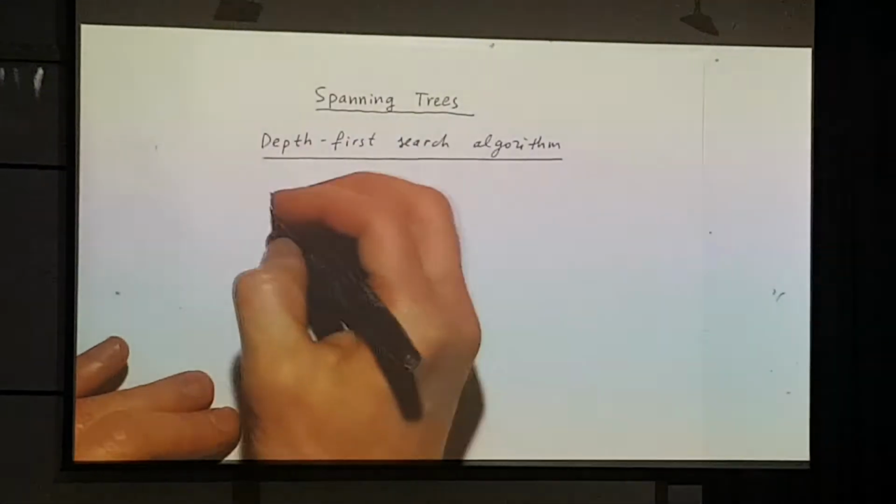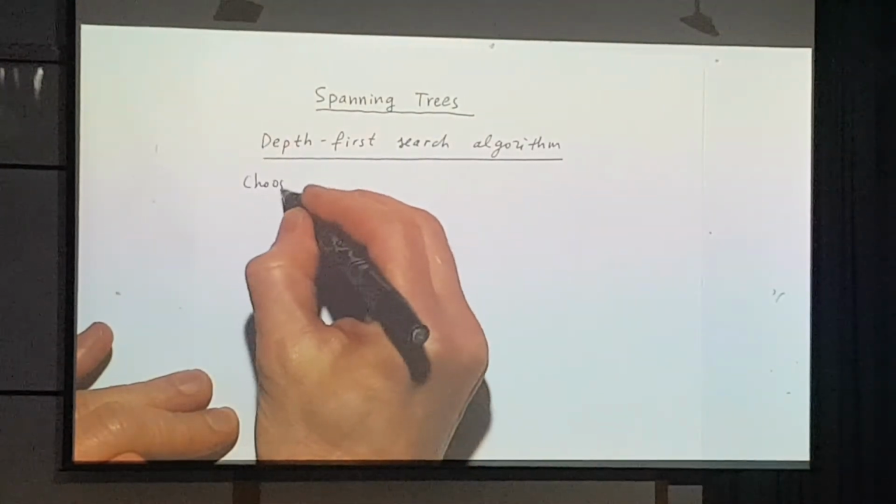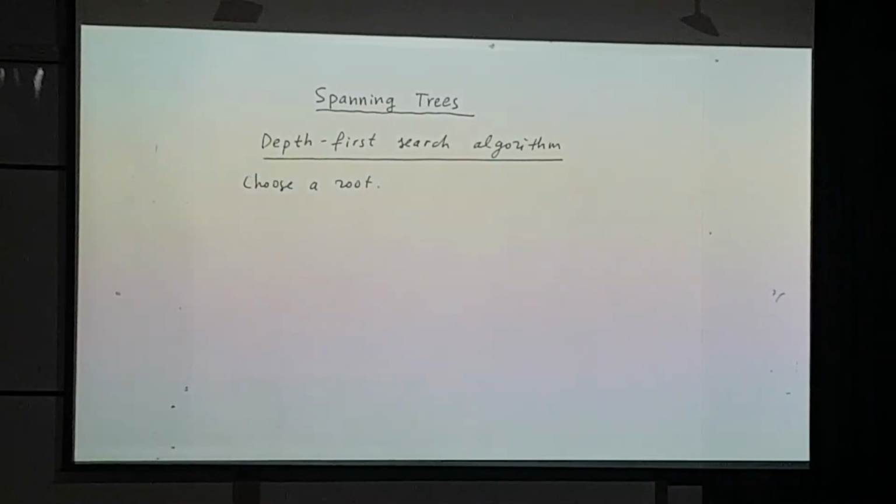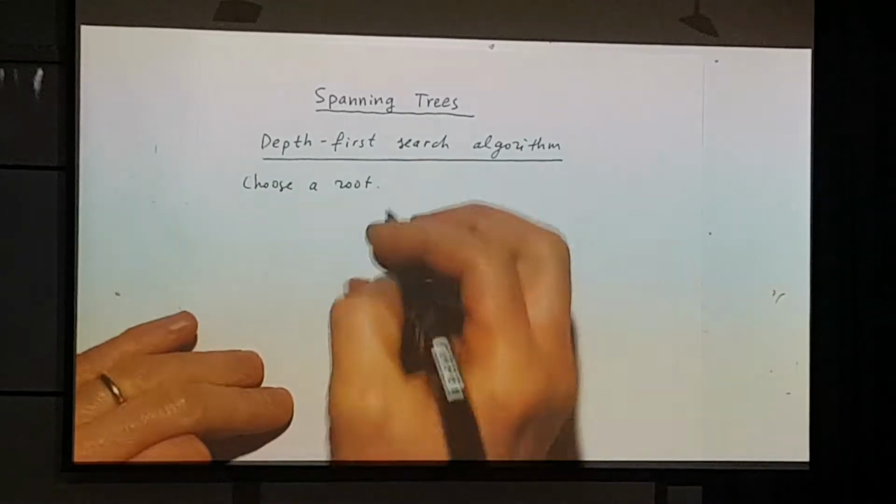We first choose a root, and then from the root we form a path by adding edges successively and not forming a circuit.